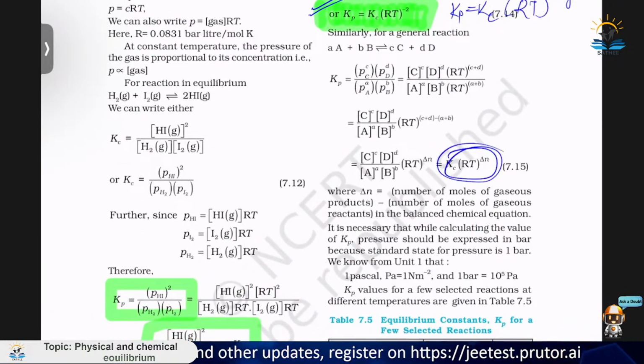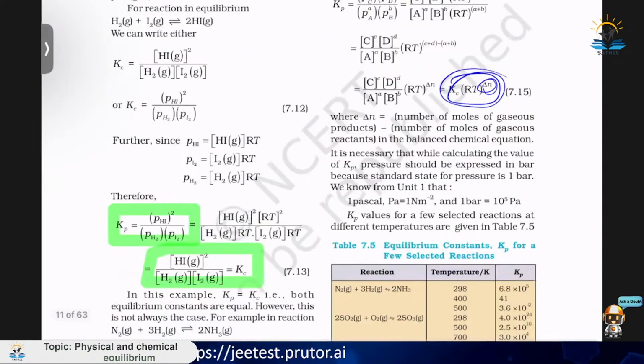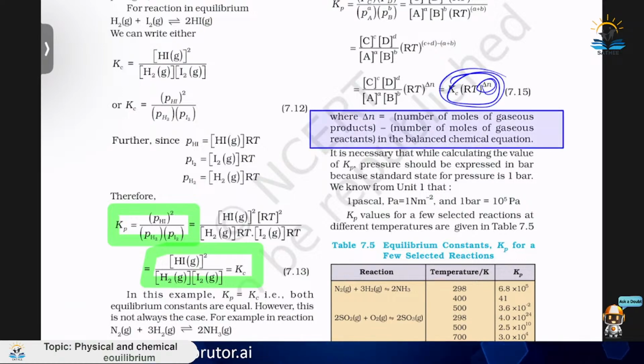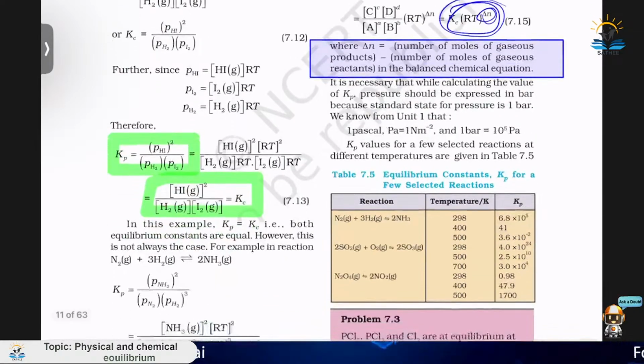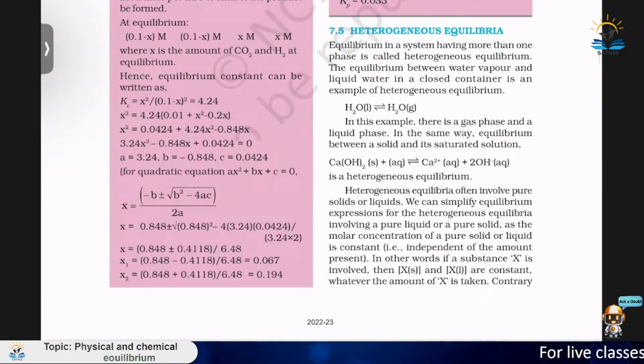This is the delta n. What is delta n? Delta n is the gaseous moles of product minus the gaseous moles of reactant. This is the value of delta n. These formulas are quite important in your question solving.